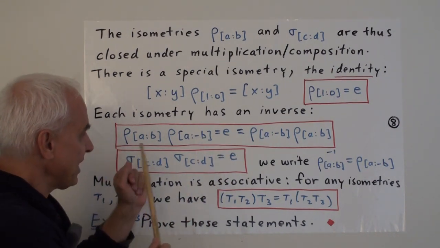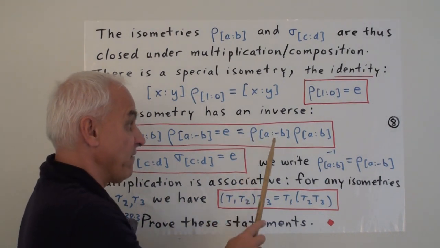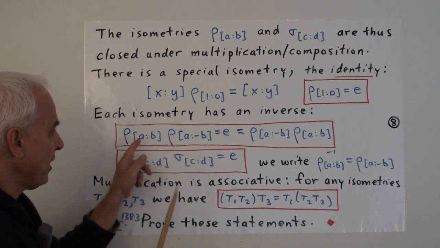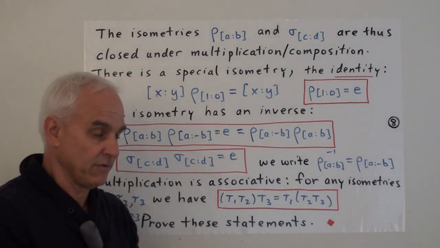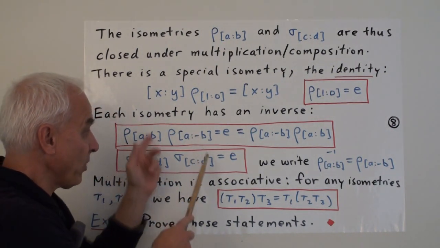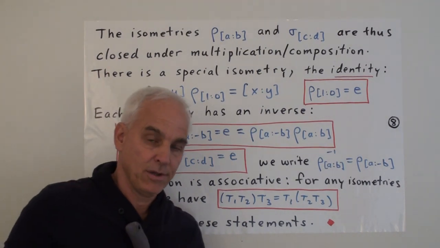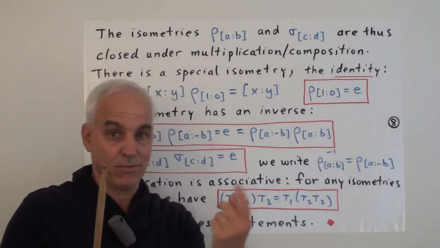And you get the same thing if you do it in the other direction too, if you do rho a to minus b first and then a to b. So we say that these two are inverses in this group kind of structure because when we multiply them together we get 1. Just like in ordinary multiplication, say 2 and a half are inverses because when we multiply them together we get 1.